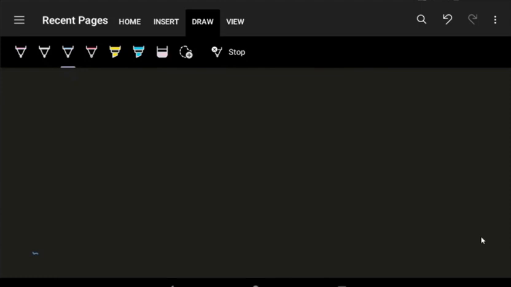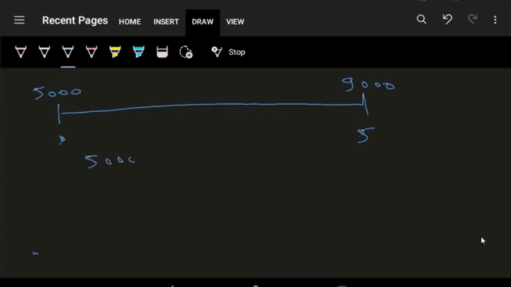Suppose we have invested an amount of 5,000 at time 0 and got 9,000 at time 5. So to calculate the accumulation factor of 5 years, we know that 5,000 into A(0, 5).